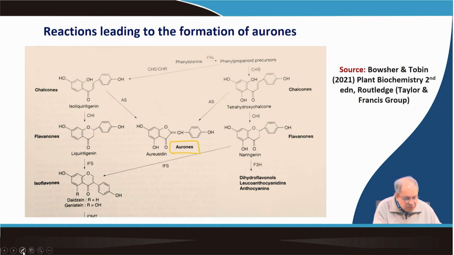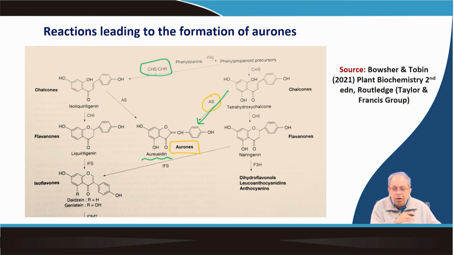That, by the action of AS, aureusidin synthase. Aurone is a group and the specific compound is called aureusidin, so AS stands for aureusidin synthase. Or the other route, which operates in legumes, as I said, CHS and CHR work together and make isoliquiritigenin, which also comes under chalcone.